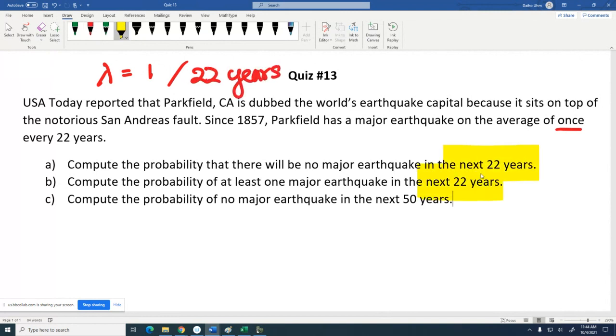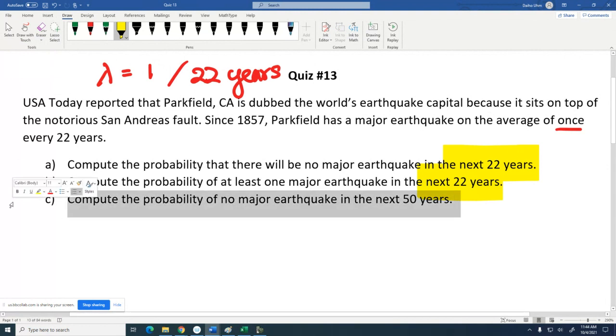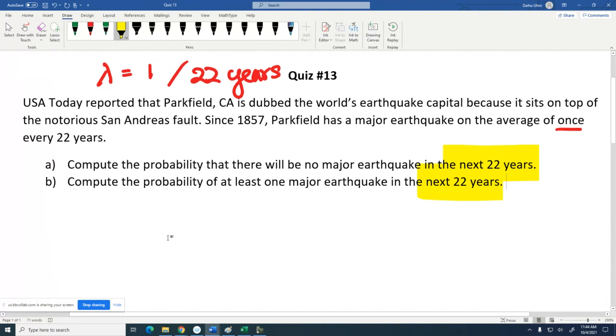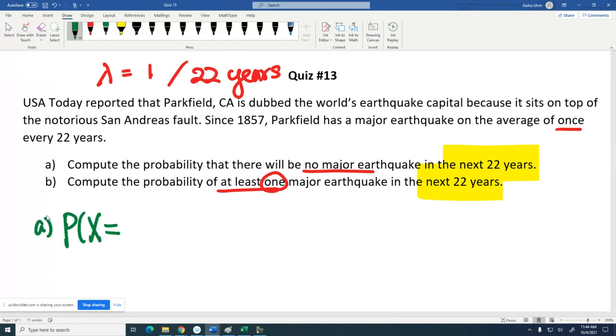So we need the probability. It's no earthquake in 22 years, and here's the at least one. So now in part A, we need the probability x equal 0, no earthquake.